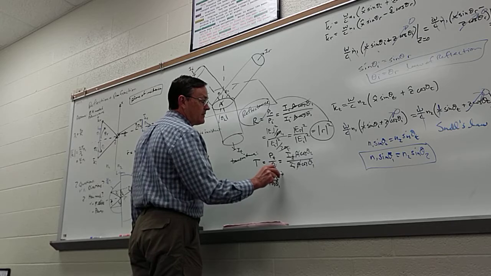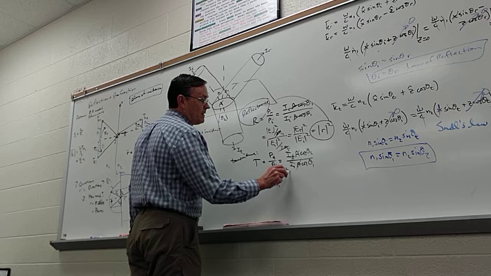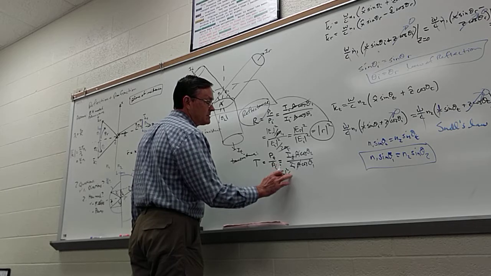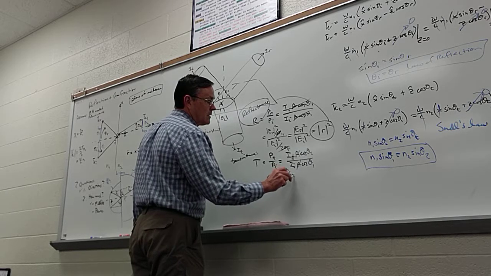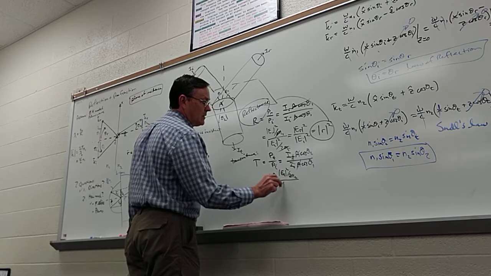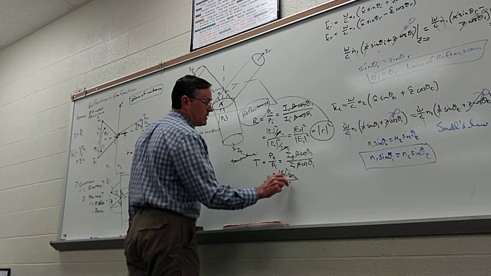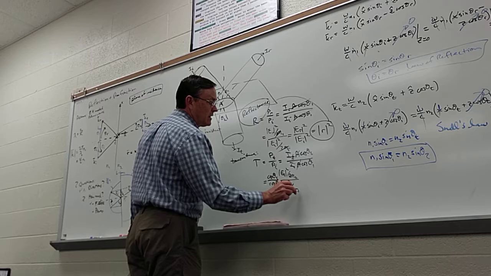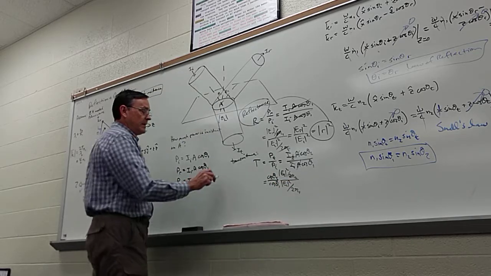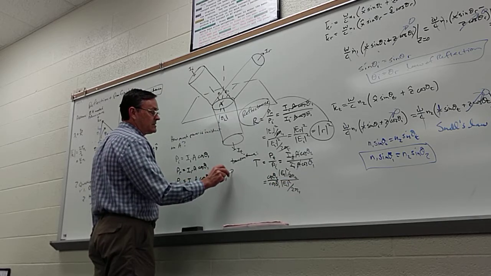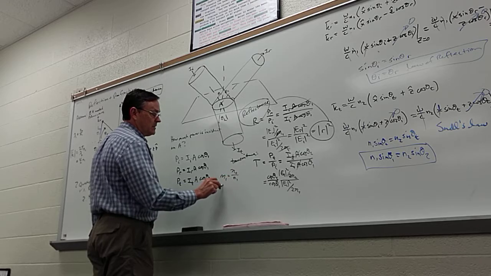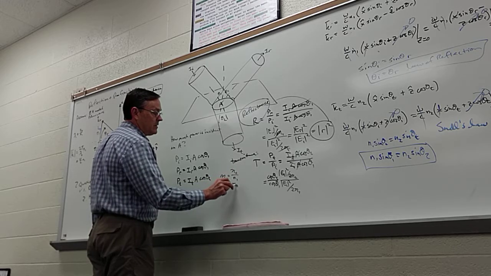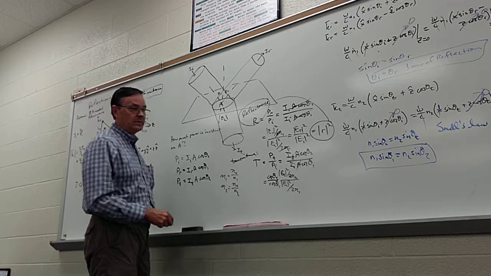And then I have an E_T squared over 2 times eta 2, over E_I squared over 2 times eta 1. And eta 1 is eta naught over n1. Eta 2 is eta naught over n2.